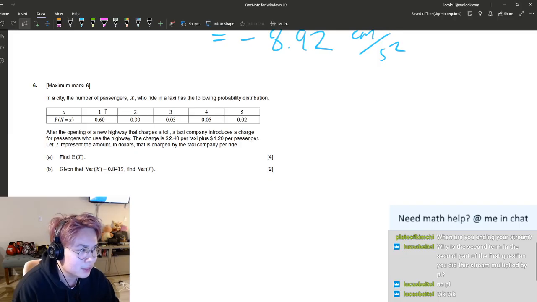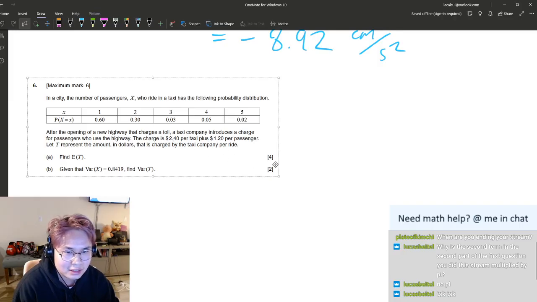So I guess given any taxi, this is the probability of how many passengers are in that car. And then after opening up a new highway, they charge a toll. It's $2.40 per taxi plus $1.20 per passenger. T is the toll, and then we need to find the expected value of T. Okay.